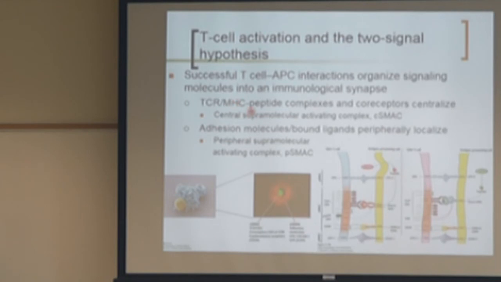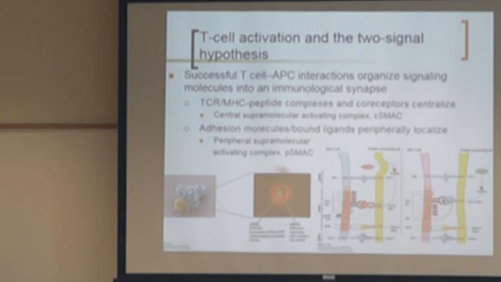The central supramolecular activating complex, we call it that because all of these T cell receptors get tightly organized into that central area. If you stain that central area for CD3, you're going to see lots of CD3, lots of T cell receptors in there.